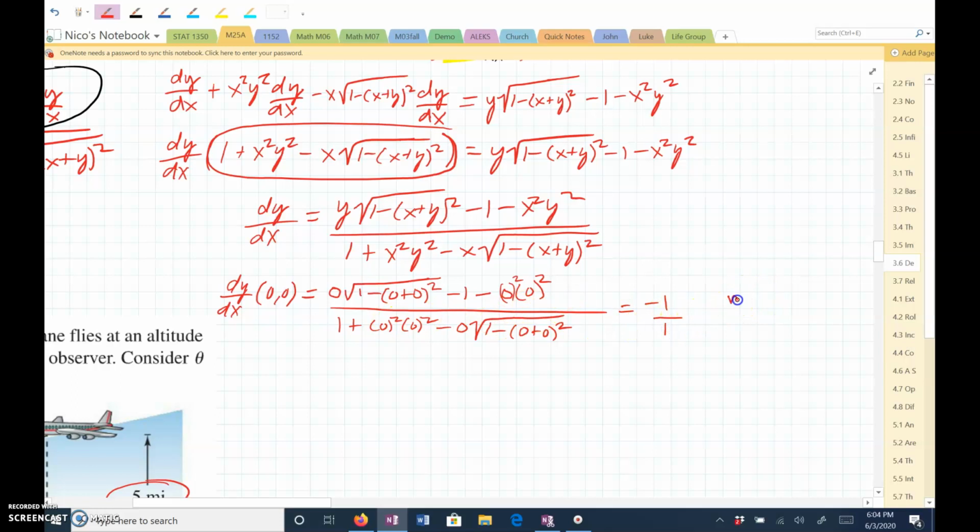So it looks like my slope is negative 1. I got a point at 0, 0, so let's try to find the equation of the tangent line. y is 0, m is negative 1, x is 0 plus b, so b is equal to 0. So y would equal negative 1x.